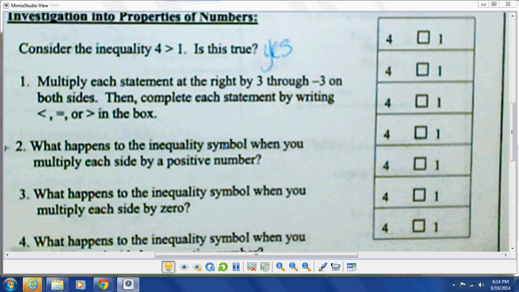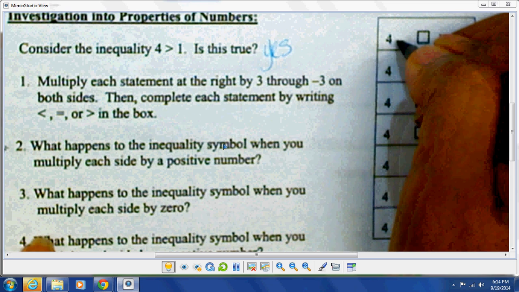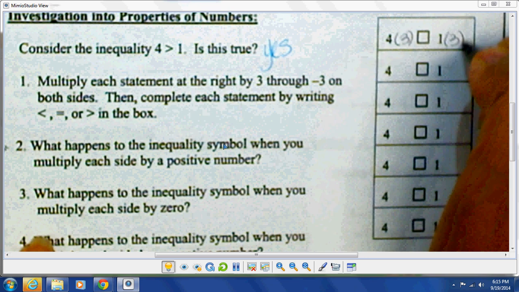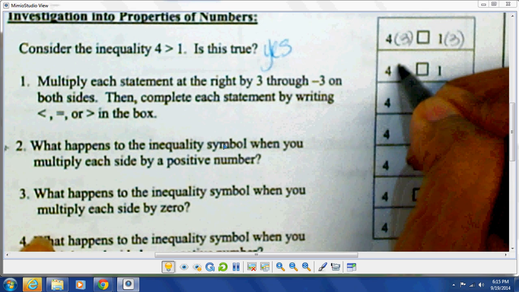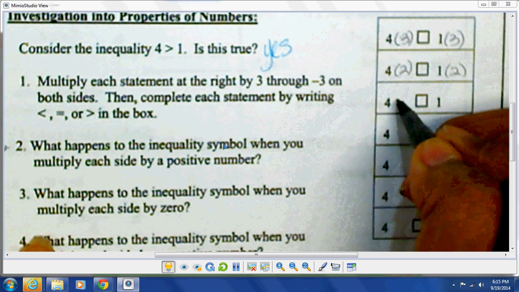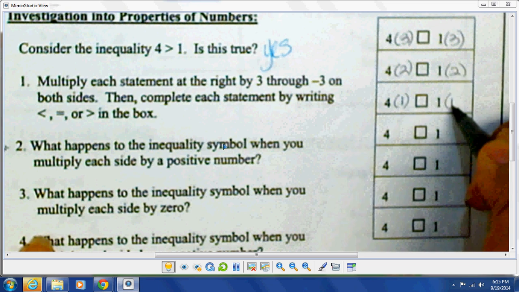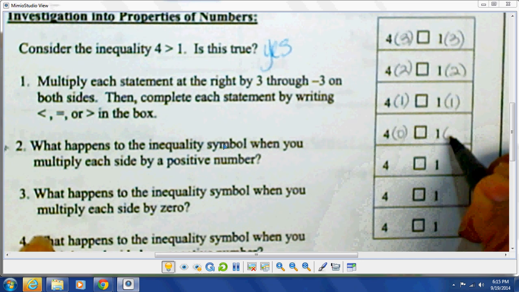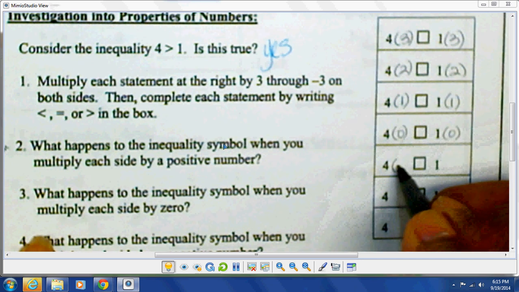Okay, so first, let's do what it says and multiply everything by 3 through negative 3. So on this side, I'm going to multiply by 3. On this side, I'm going to multiply by 3. Next one, I'm going to multiply by 2. Other side, multiply by 2. Next will be 1. Next will be 0. Next will be negative 1.